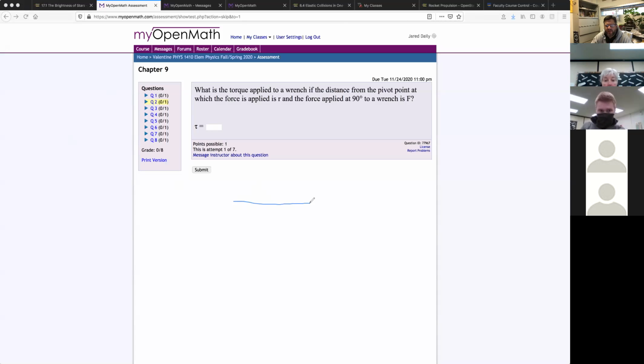If you draw this out, you've got your wrench here, right? Nice wrench, huh? So the distance right here is your R. And your force is applied here, and your 90 degrees is here, right?